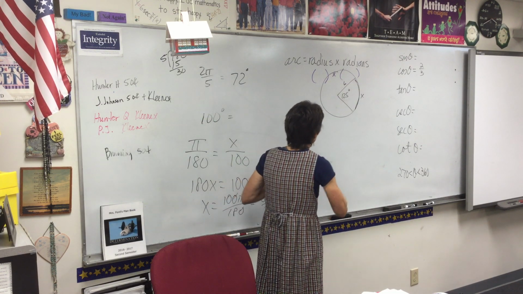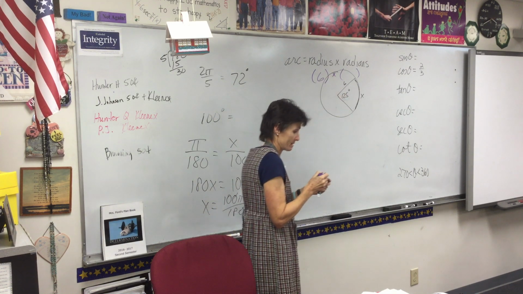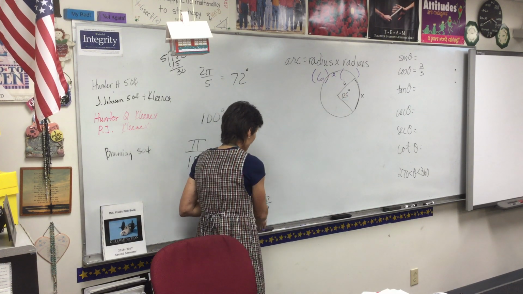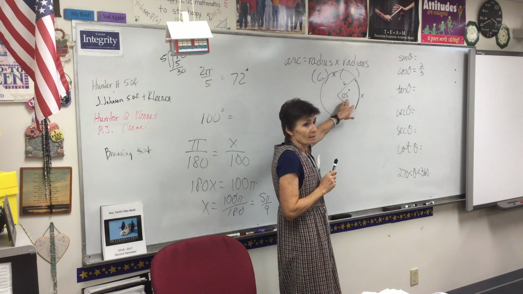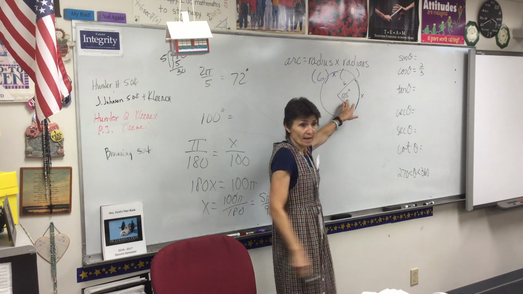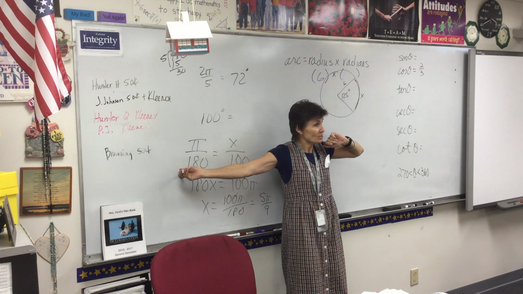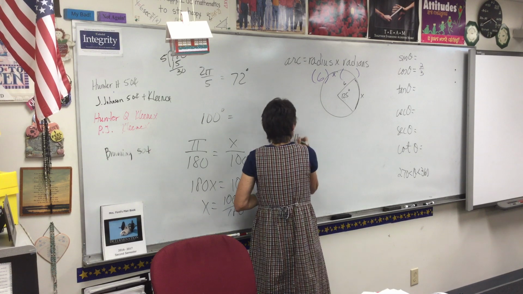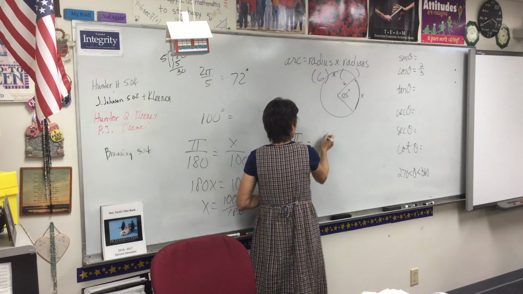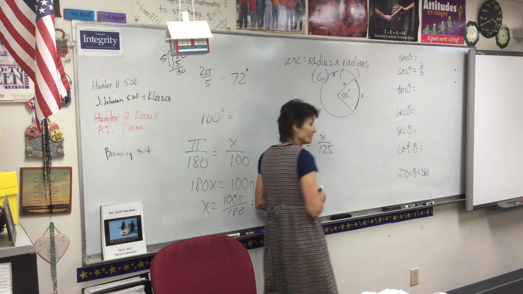Now the radius we know is 6. The angle is 125 degrees. So we're going to change that into radians doing what we just did. So pi over 180 equals x over 125 this time.